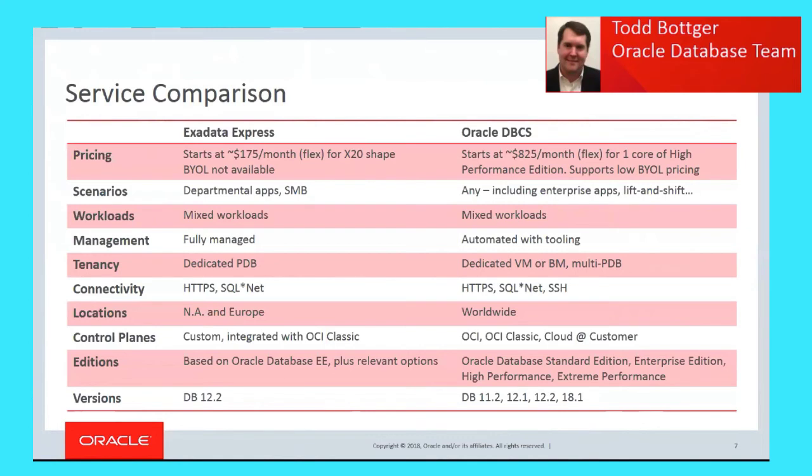In exchange for that, and this is the next row, Exadata Express is a fully managed service. So we do the storage configuration, the networking configuration, that's taken care of for you, the database patching, the database upgrades. All of that is taken care of for you by Oracle. Our cloud ops team does that, and the customer does not interact directly with that sort of thing. So if you want a very light touch in terms of management and administration responsibilities, Exadata Express is a great fit for that because it's fully managed.